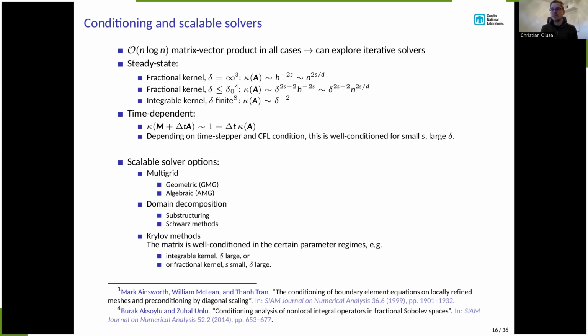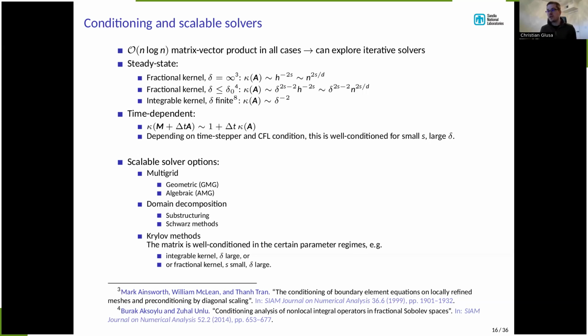So we definitely need some sort of specialized preconditioner in order to solve this. But there are also some other cases that are perfectly well conditioned. For example, for integrable kernels with a finite horizon, the condition number is only 1 over the square of this horizon. I would consider the horizon as a physical parameter that shouldn't really change and is not dependent on your discretization.